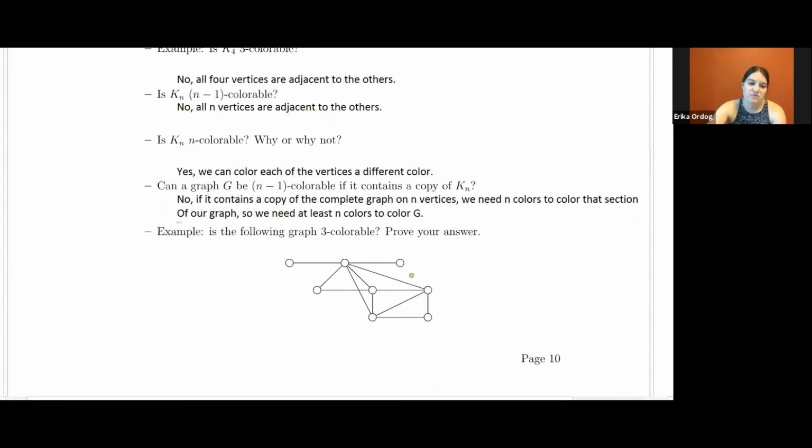If you think maybe you can color this using 3 colors, you should go ahead and try that first. Maybe you did. And if you can't do it, we'll have to think of an argument or a proof for why it's not possible, instead of just saying, I couldn't do it. Because just because you can't do it doesn't mean it's not possible.